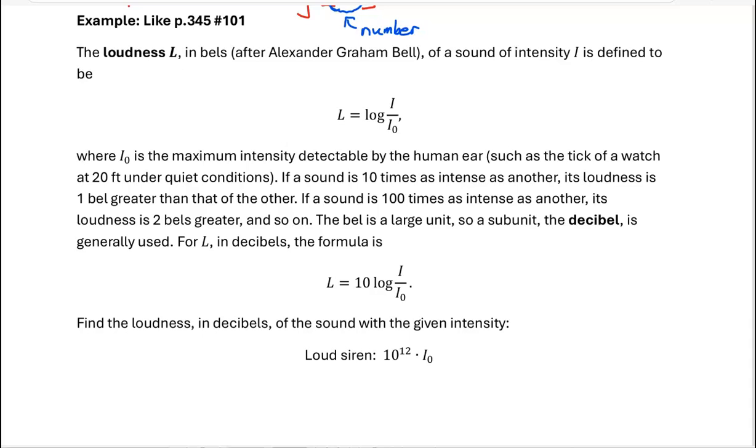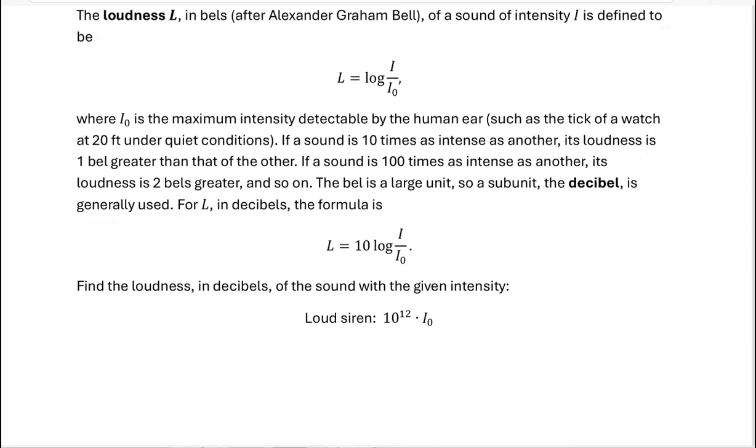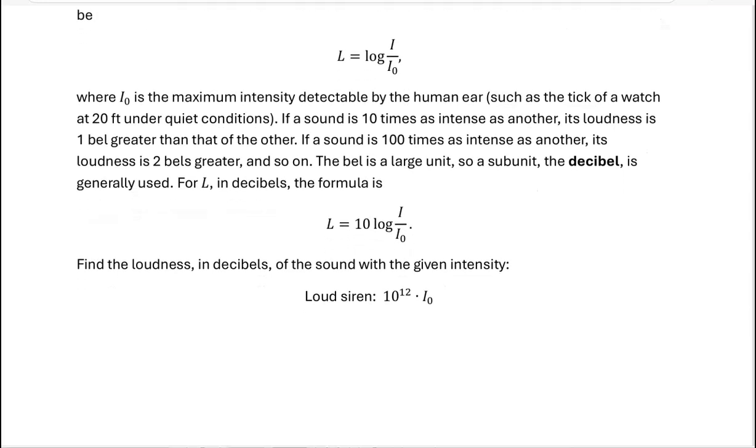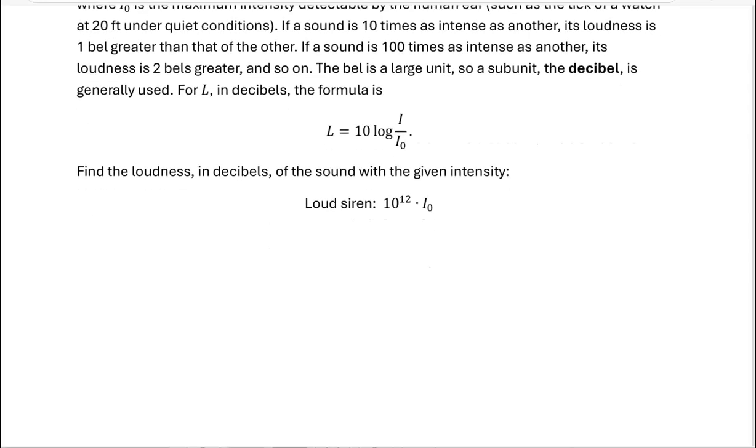But bells are a really big unit, so we use decibels for our typical unit, so they're not such big numbers. So the subunit, as they call it, is decibel. That's what we usually use. You've probably heard of that.